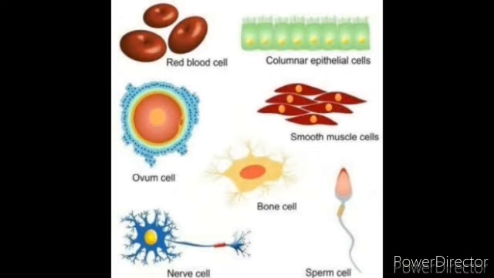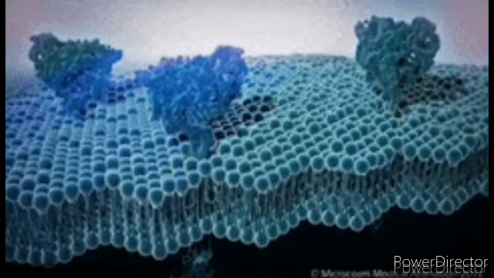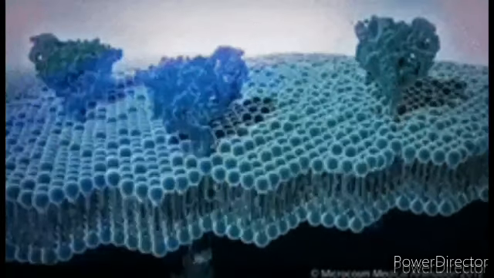There is a great variety in the shape of cells. Spherical, oval, cylindrical, cubical, slipper shaped, that is paramecium, and also the spindle shaped cells. Plant cell, animal cell. The outermost membrane in an animal cell is the cell membrane.